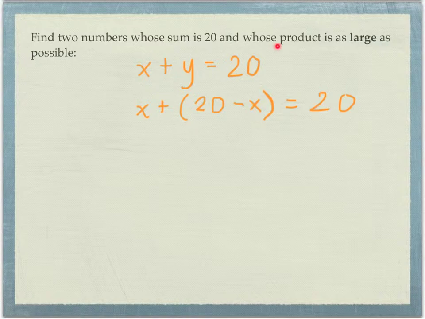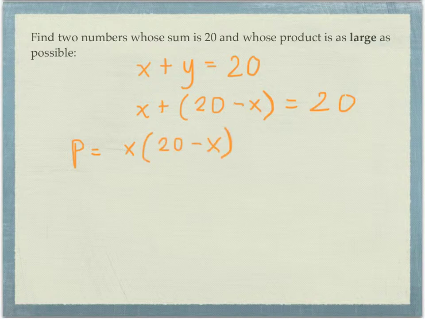Now we want the product to be as large as possible. So here's the equation we want to really write, something about the product. I'm just going to use p here for the product, not really as a variable, just to designate it. The product would then be x times 20 minus x. Those are the two numbers.